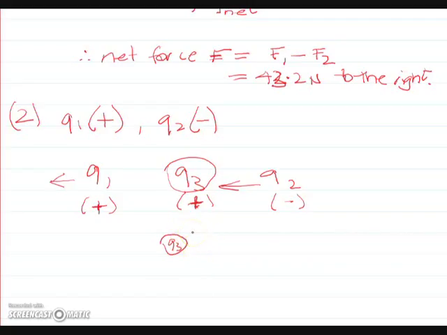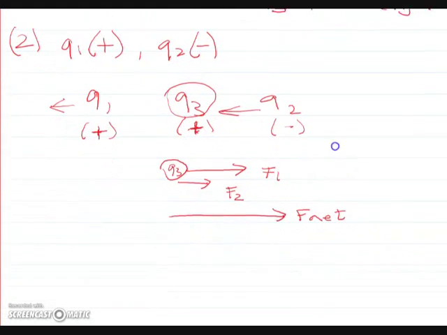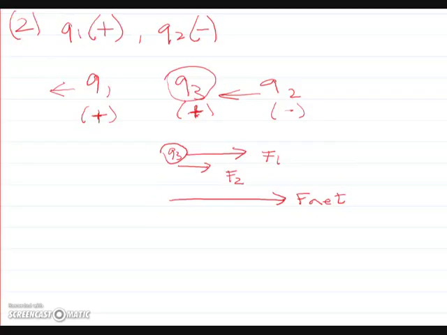So what we get there, if we rewrite it, it's a bit messy, sorry, Q3, force 1 is going to be going this way. Force 2 is going to be going the same way. We add them together because they're going the same way, and that's going to be our net force.